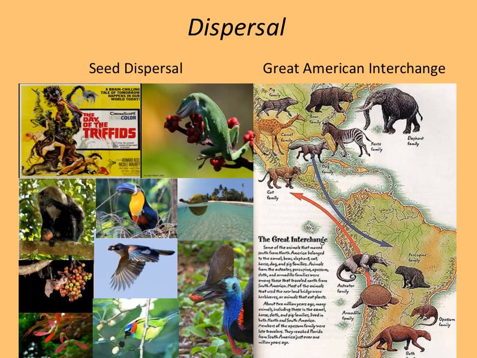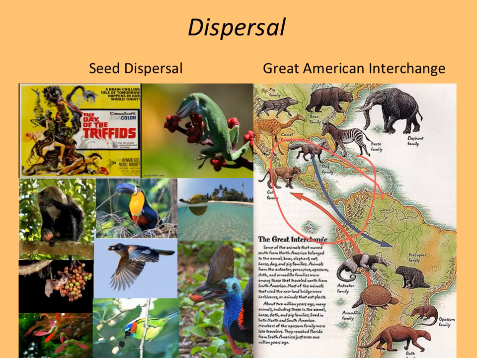Then you also have vicariant events, as we've talked about. There was this great American interchange, once the Isthmus of Panama rose up and connected South America and North America. Each continent had completely different taxa.